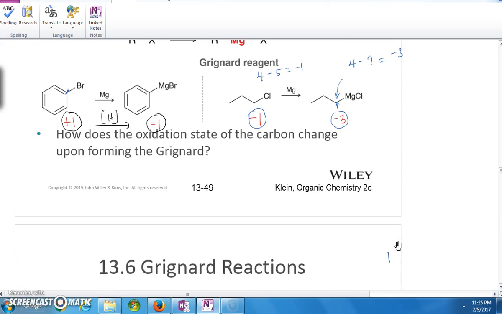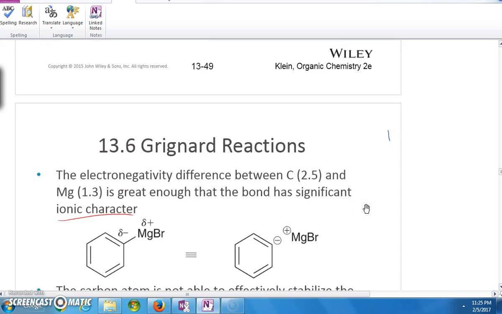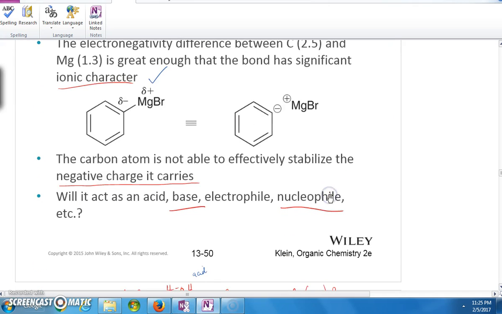A Grignard reagent prepares a reducing agent. Now the electronegativity difference between carbon and magnesium is significant, so it has a lot of ionic character. The carbon atom is not able to effectively stabilize the negative charge it carries, and as a result, it's going to want to act like a base as well as a nucleophile.